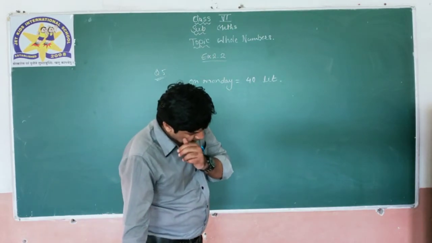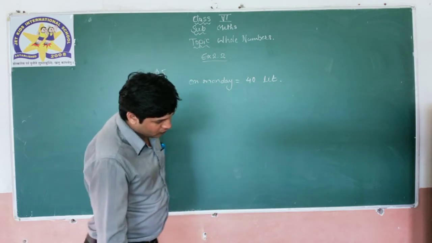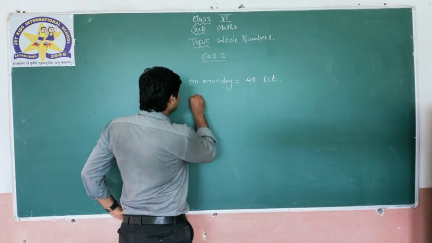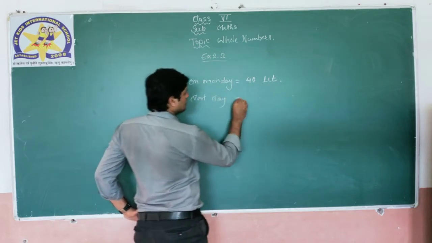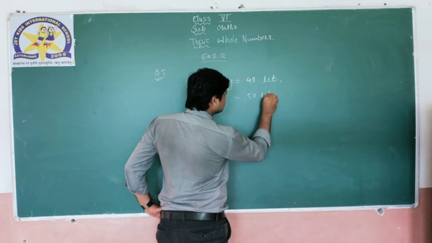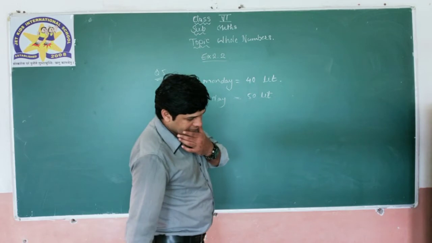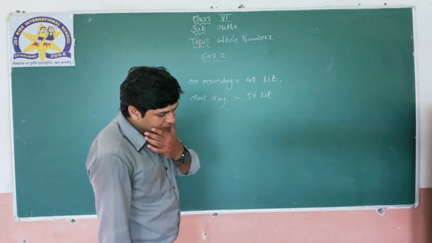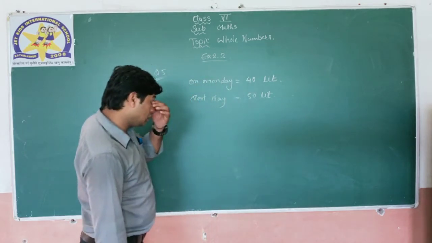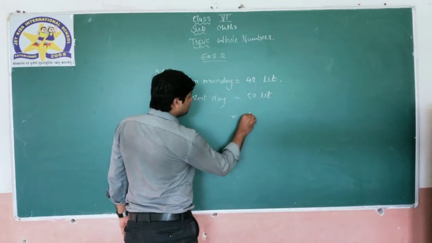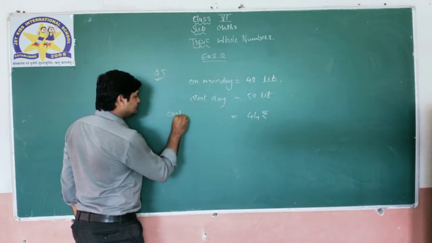Then the next day, Tuesday, he filled 50 liters of petrol. The question is, if the petrol costs 44 rupees per liter, how much did he spend on petrol?